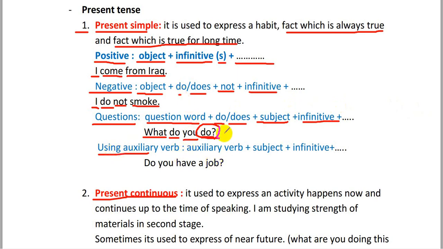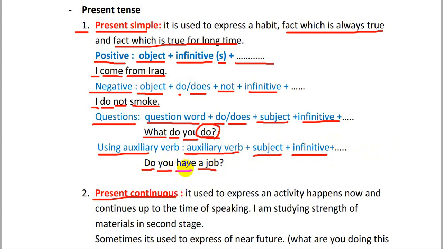Using auxiliary verb for questions, we can use this form: auxiliary verb in the beginning of the sentence, في بداية الجملة. Subject المفعول به. Infinitive in the completion of the sentence, تكملة الجملة. For example, do auxiliary verb, you have a job.